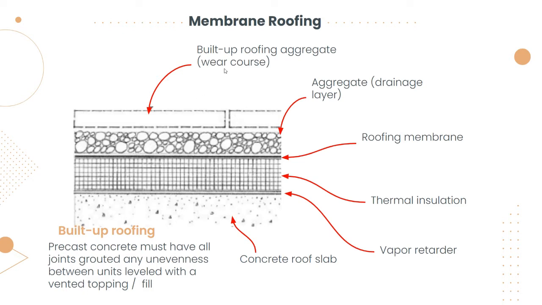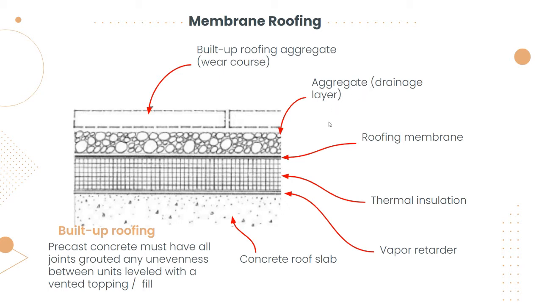For the built-up roofing, it uses a built-up roofing aggregate, or we can call it a layer of gravel, slag, or marble chips that aids in stiffening the membrane and resisting wind blow-off. It also has a surfacing bitumen of coal tar or asphalt.